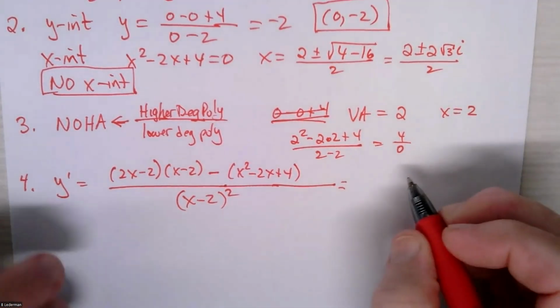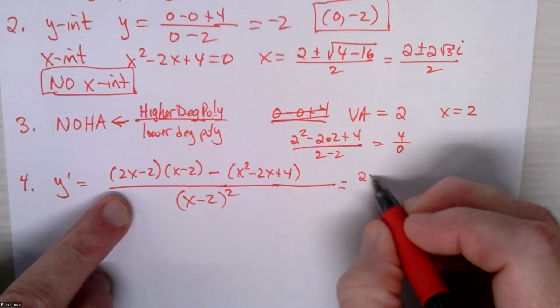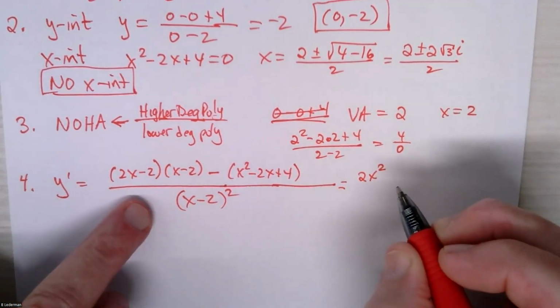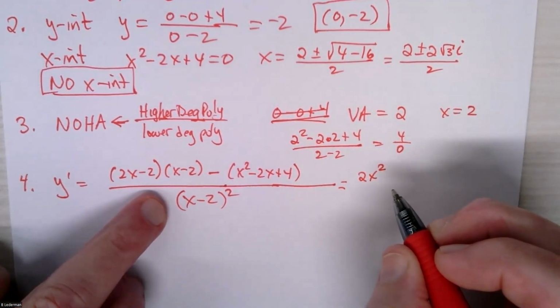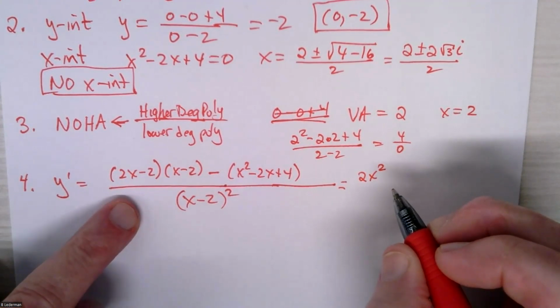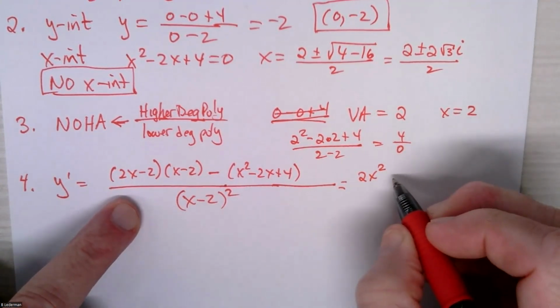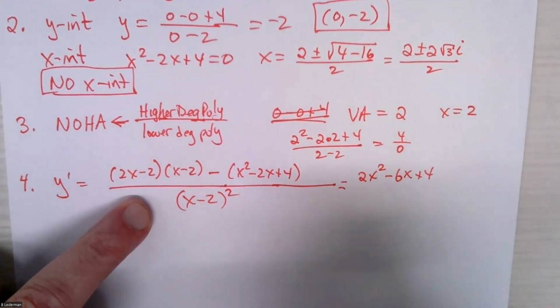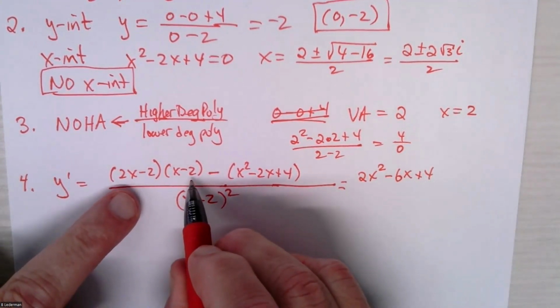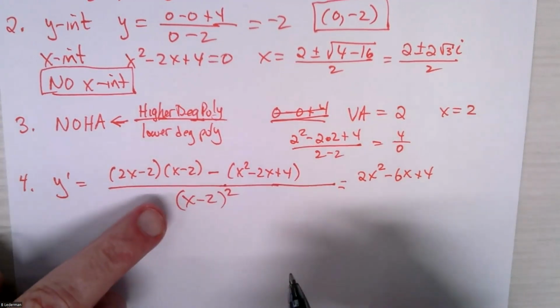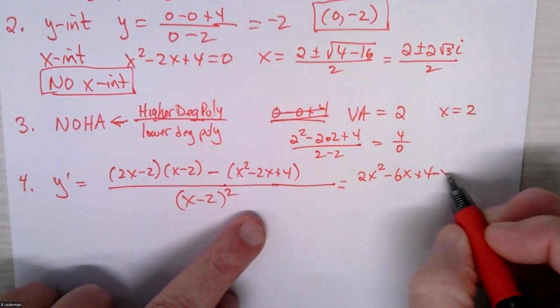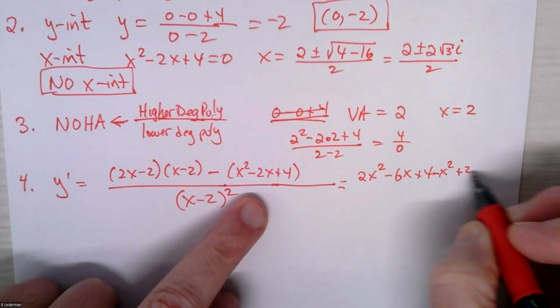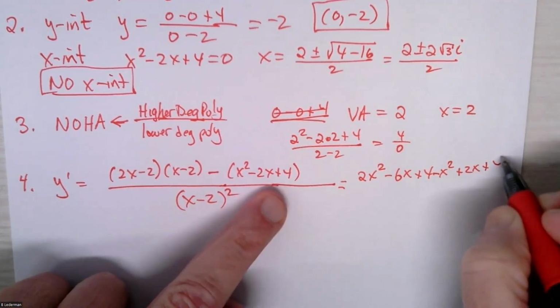Let's simplify this. That's 2x squared minus 2x, and then minus 4x, so it's minus 6x, then plus 4. Minus x squared plus 2x, then minus 4.